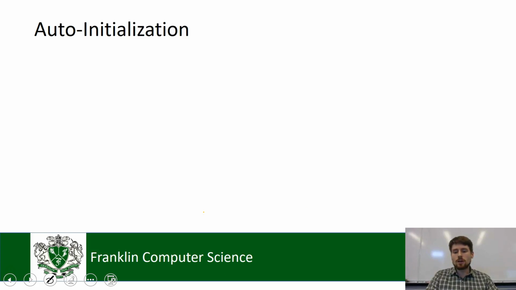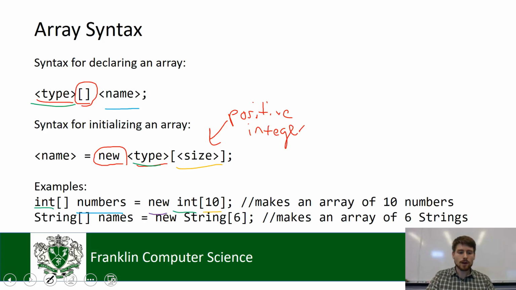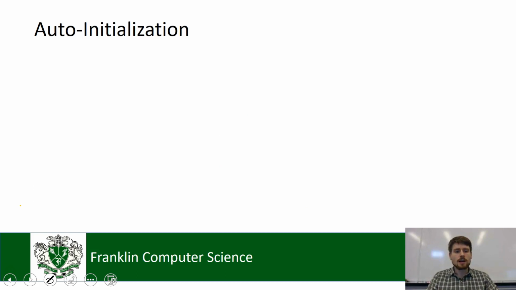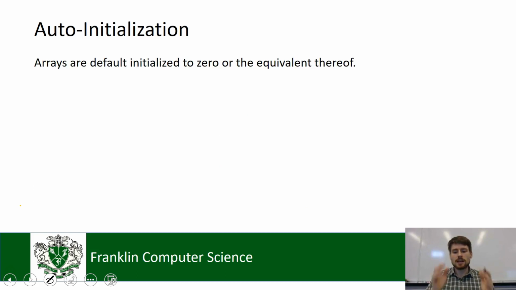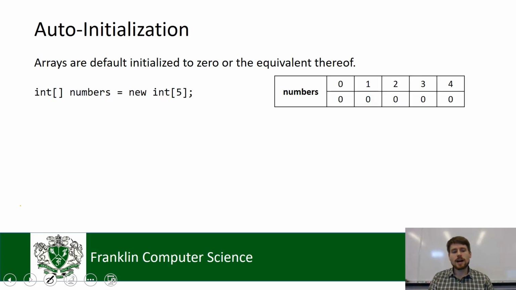Okay, so what happens when you write this line, int[] numbers equals new int[10]? Well, it's going to go ahead and initialize everything in that array to 0 or the equivalent thereof. There's several kinds of 0 basically. So for example, if I had an array of numbers and I said I want 5 numbers and they're all integers.